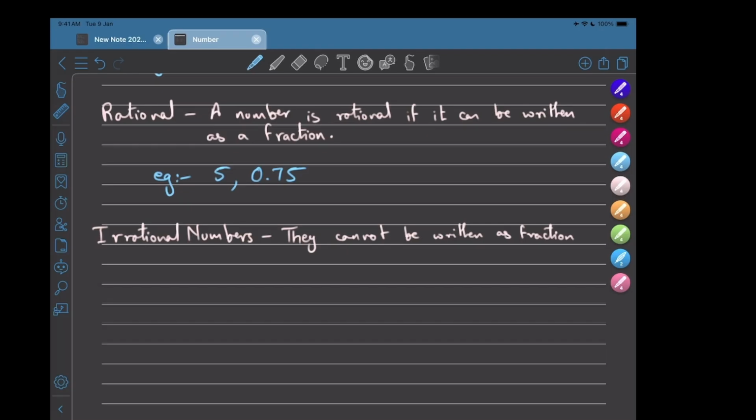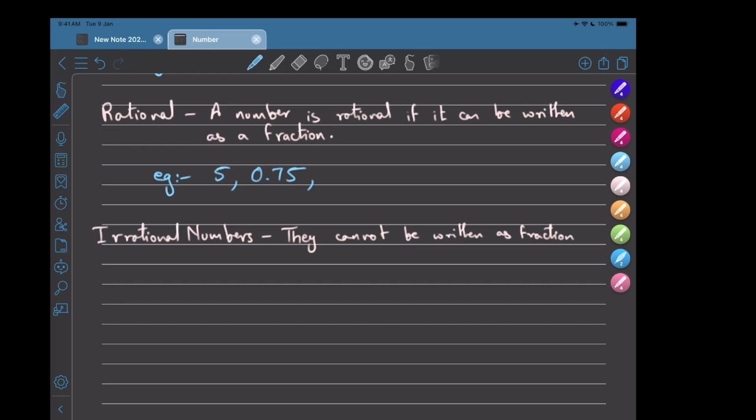The reason why this is rational is because it can be easily written as a fraction, 3 by 4 is basically 0.75. Anything that can be written as a fraction, again I'm emphasizing, is rational. That's the simplest way that I can put it in words. And the last kind of rational numbers that you must be very aware of is any kind of recurring value.